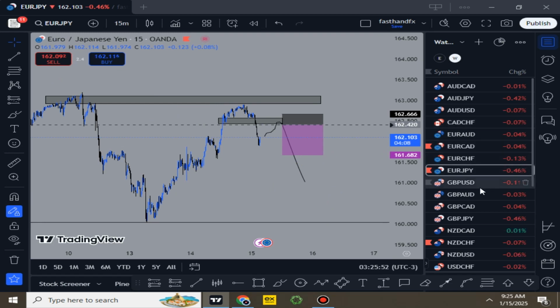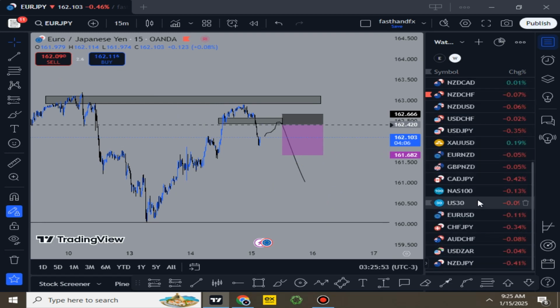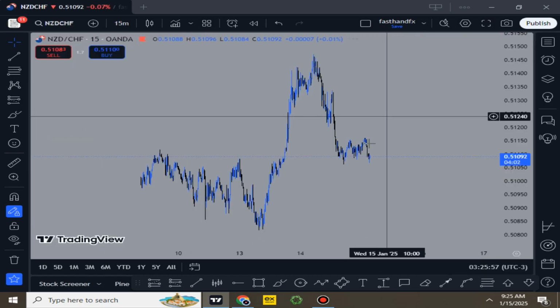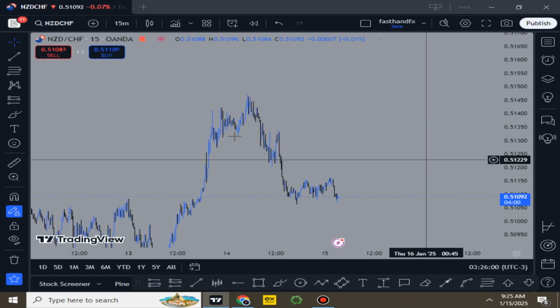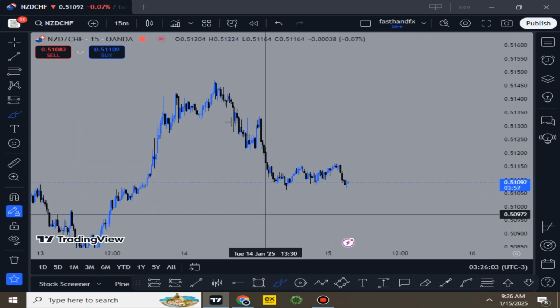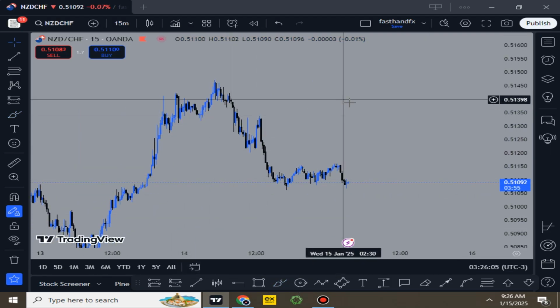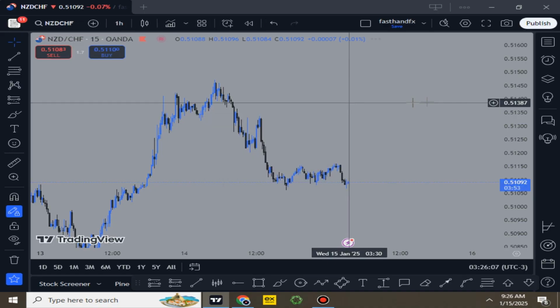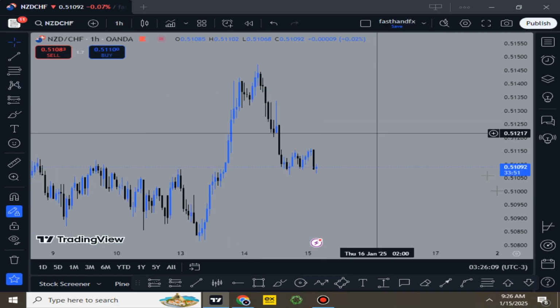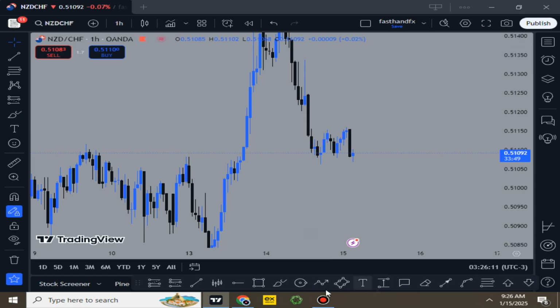Who knows? Let's see. I was looking for a selling position on NZCHF, but funny enough, she never gave me a good opportunity yesterday around this level. That is where I wanted to catch the move. Then she just dropped.